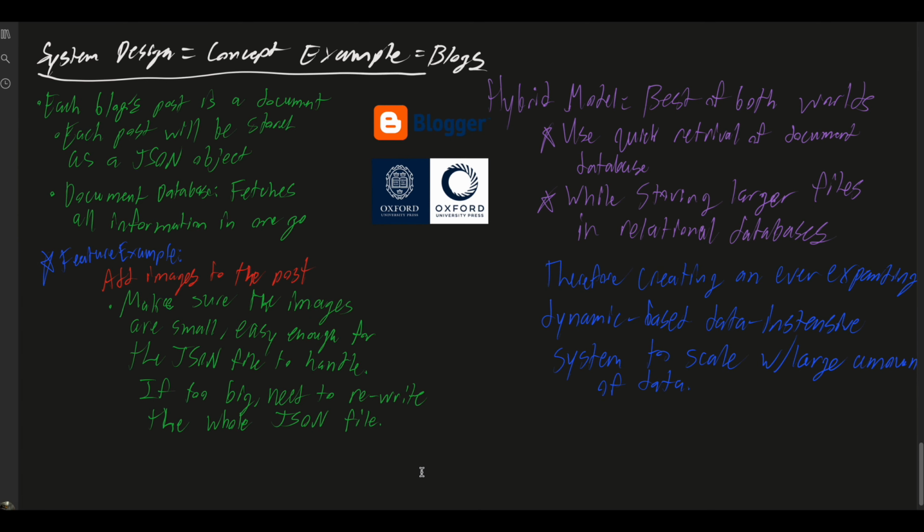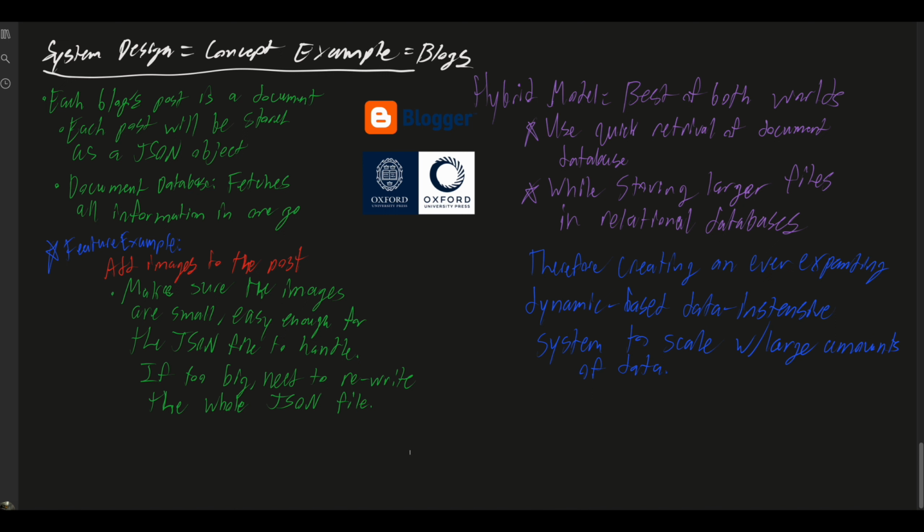And so, yes, this is our concept example for creating a blogging platform that can handle large amounts of data. And we also focus on the concept of document models and relational models and how to create a hybrid model as well from a conceptual overview.